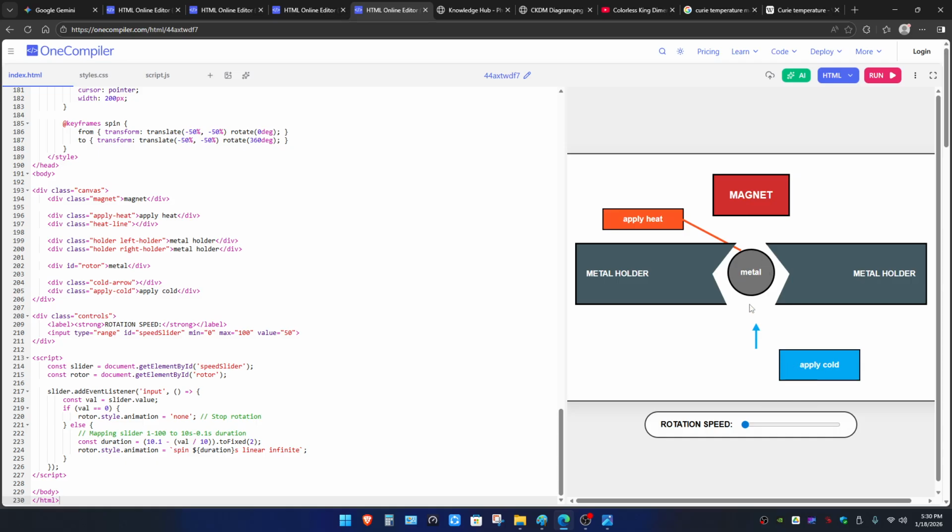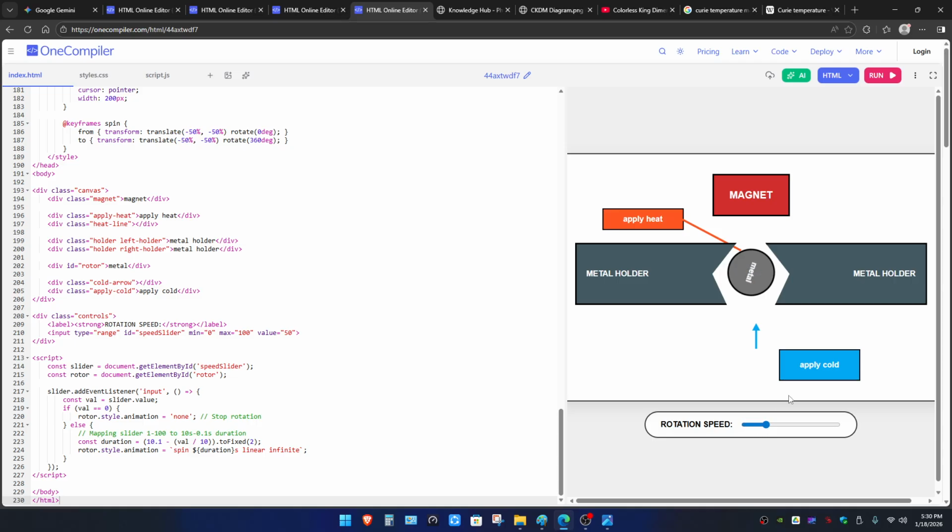But at the bottom I will apply cold. When I apply the cold to this metal, this cold part is going to maintain a lot more magnetism, and eventually this part will go up to the magnet, and the part of the metal which was heated is going to get a little bit moved.